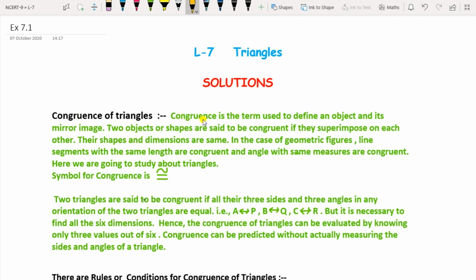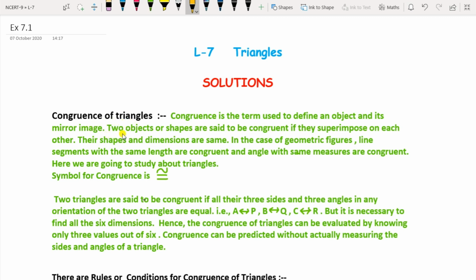Congruency means what? Congruency is the term used to define an object and its mirror image. So if two objects or two shapes are of the same size, same angle, and they are mirror images of each other, if they are superimposed on each other, then they overlap each other, then it is called the congruency of triangles.